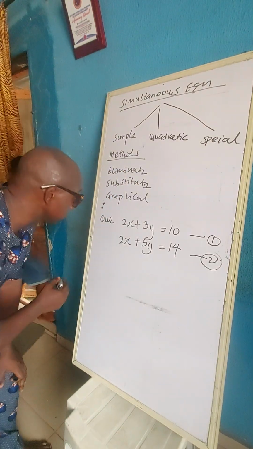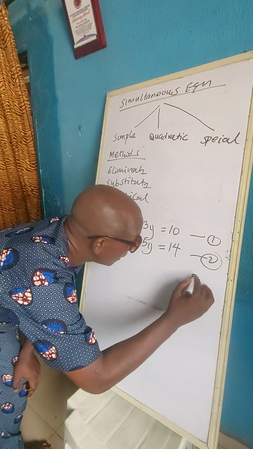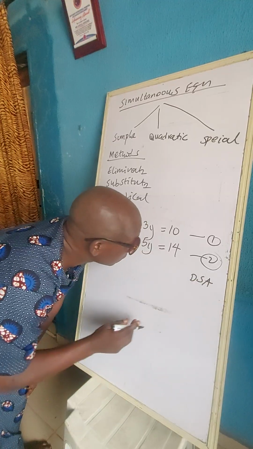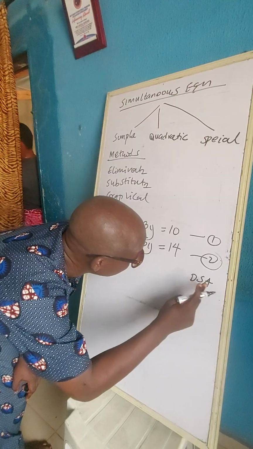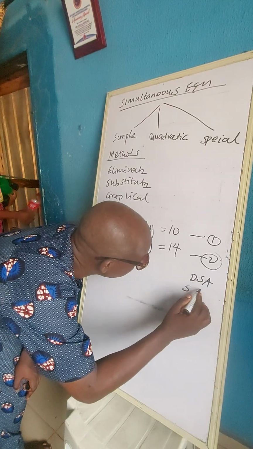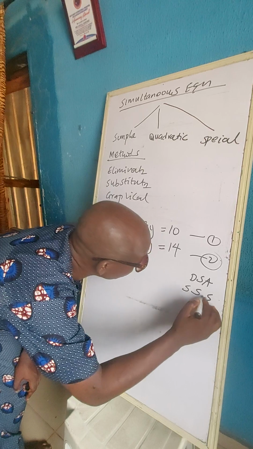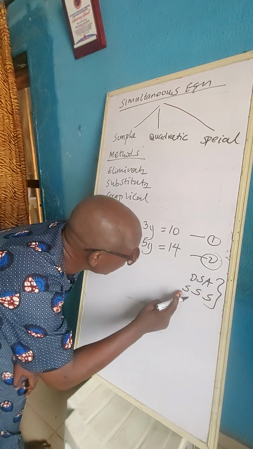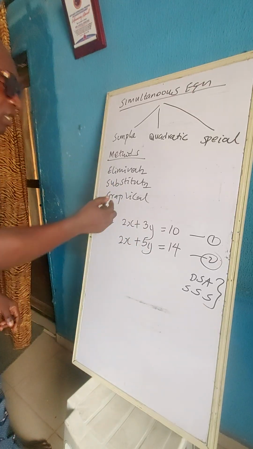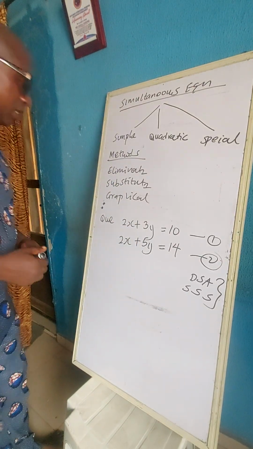How do I mean by DSA? Different sign addition, same sign subtraction. We need to make it 1. Now, look at this.